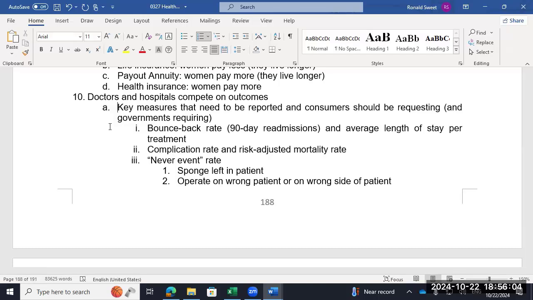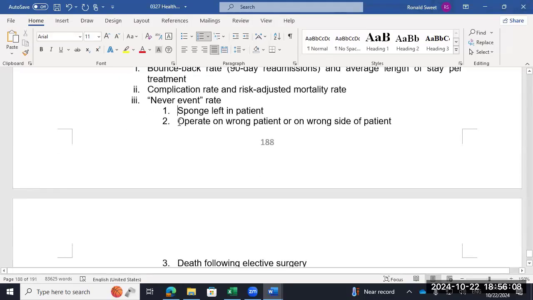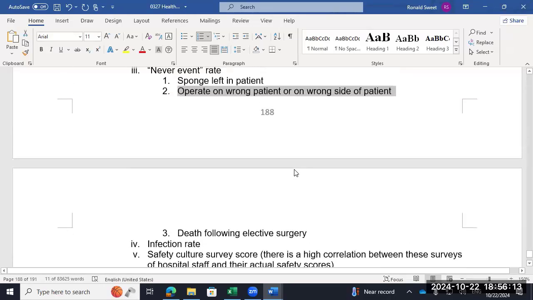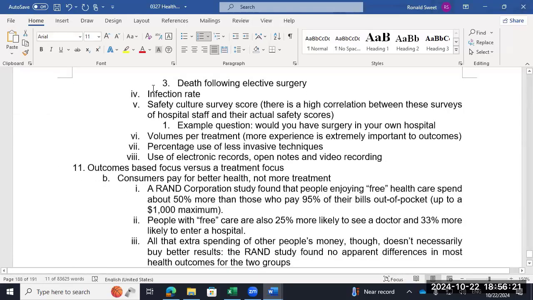Cities with a shortage of beds, the stay is shorter. Never event rate, sponge left in patient. You might think that's impossible, but there are stories of people having a foot amputated and they accidentally take the wrong side. That's pretty serious. Death after elective surgery, your infection rate, that would be useful to know.